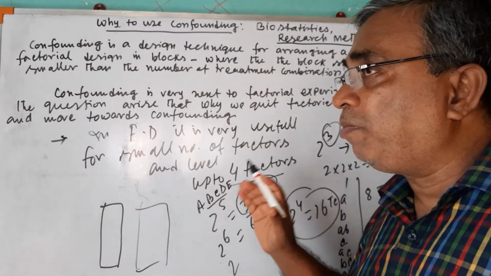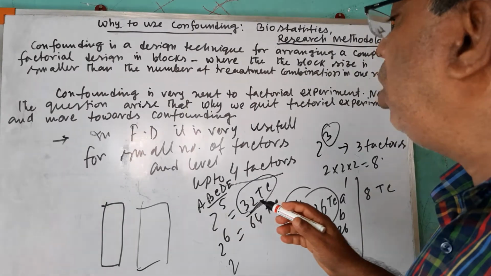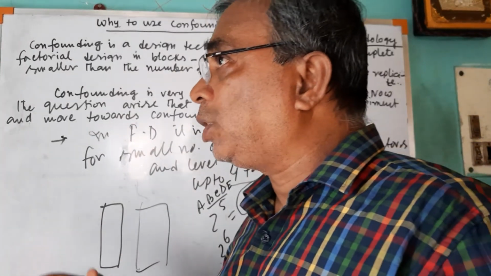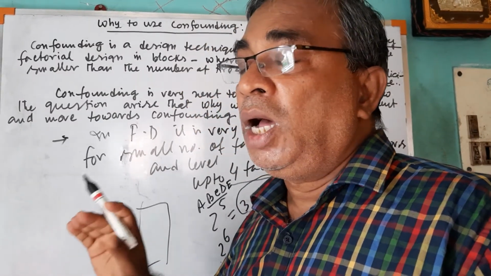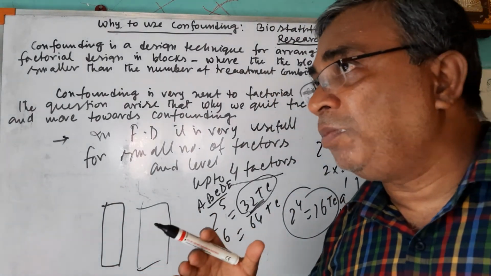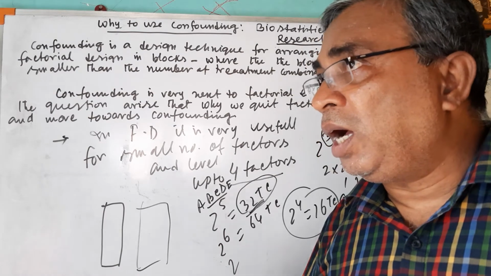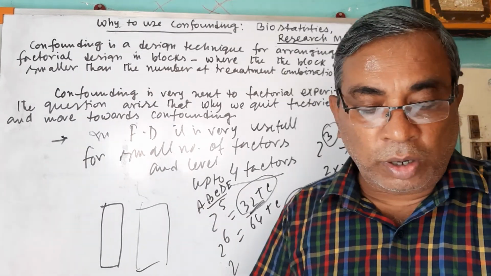That is, if we confound, then all the treatment combinations go into blocks. Sometimes it may be 2 blocks, 3 blocks, 4 blocks. For a small number of blocks, we can maintain the treatment combinations very nicely in the experiment. So we are going for confounding.